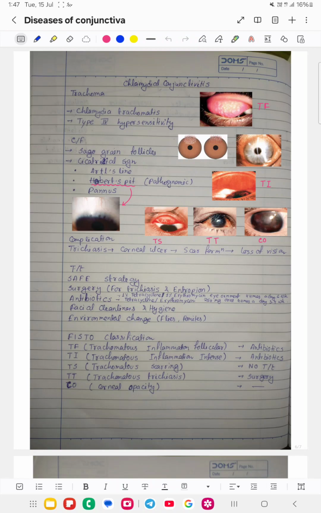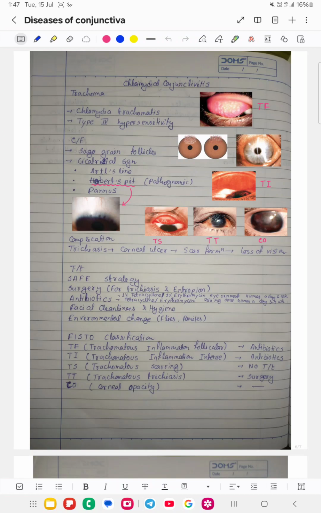Now we follow the FISTO classification, and depending on that we mention the treatment strategy. F for TF, that is trachomatous inflammation follicular. I for TI, that is trachomatous inflammation intense. TS, trachomatous scarring. TT, trachomatous trichiasis.